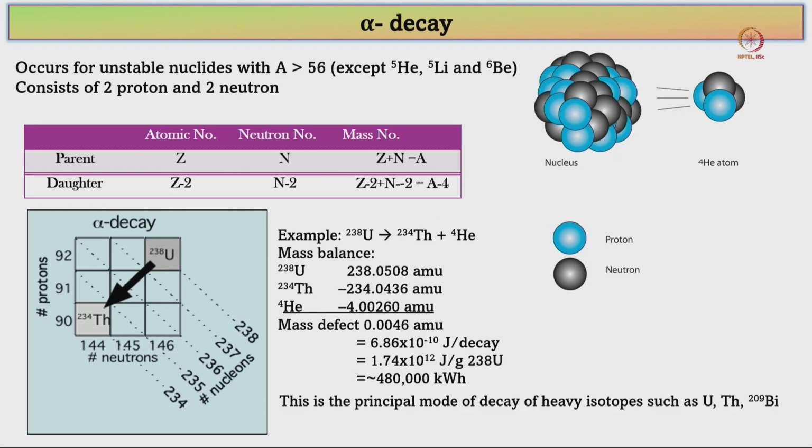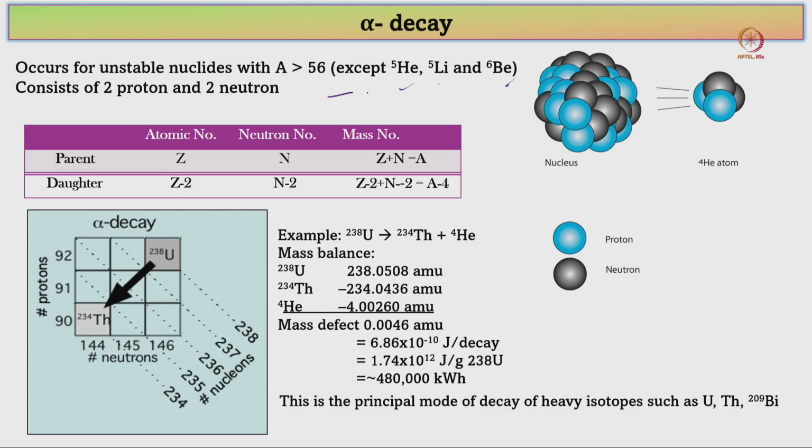Now, let us see some decays. What happens if there is an alpha decay? It occurs for unstable nuclides with atomic mass greater than 56, except for helium-5, lithium-5 and beryllium-6, which can also go for alpha decay.